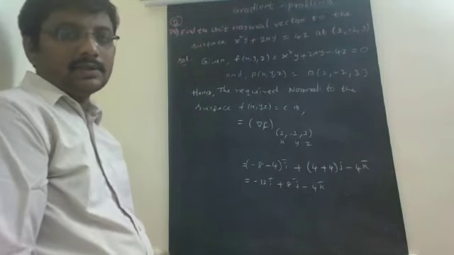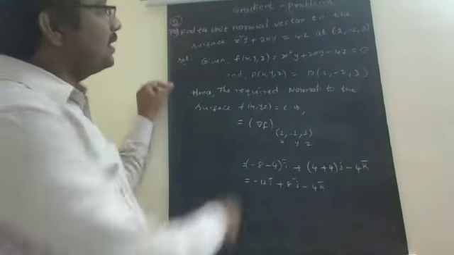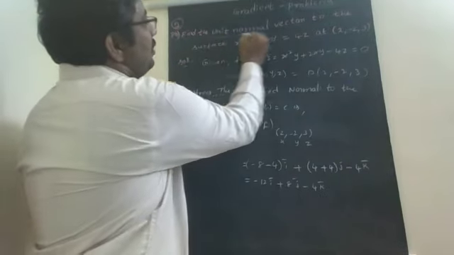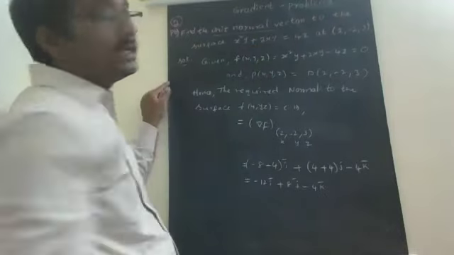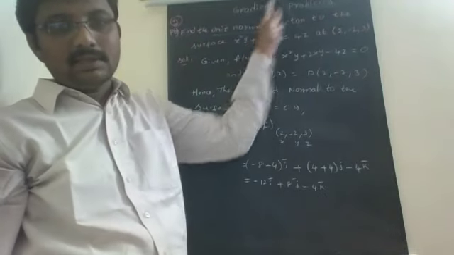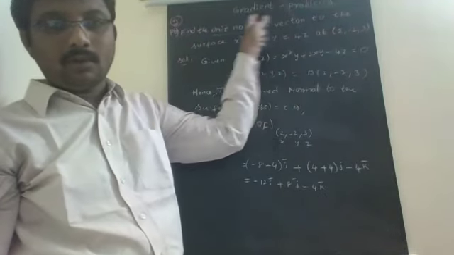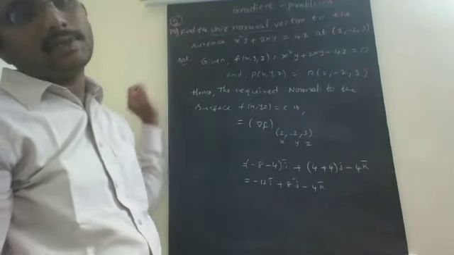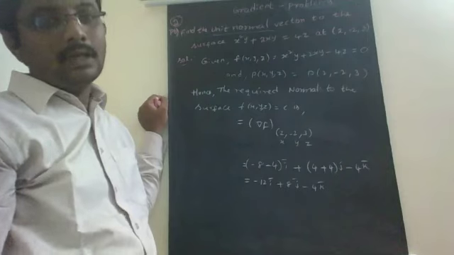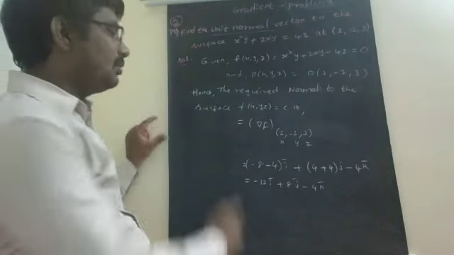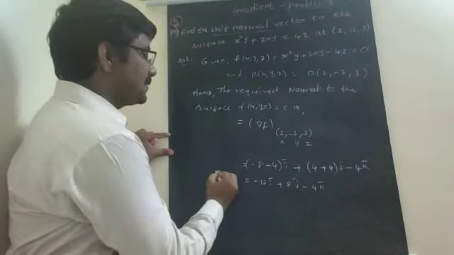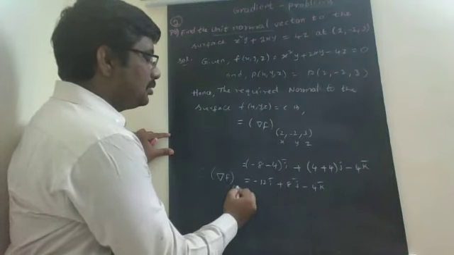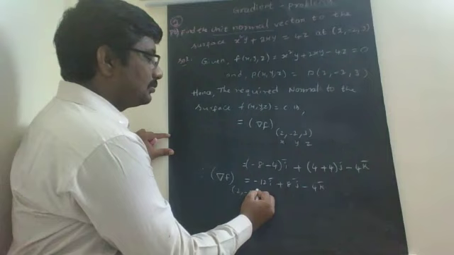Now coming to the second sum. So here the problem is find the unit normal vector to the surface. The same surface is given, the same point is given, but the problem is find the unit normal vector to the surface. In the above sum we have already done the normal to the surface, that is del f at the point (2, -2, 3).